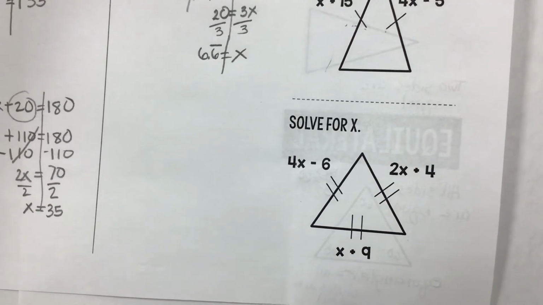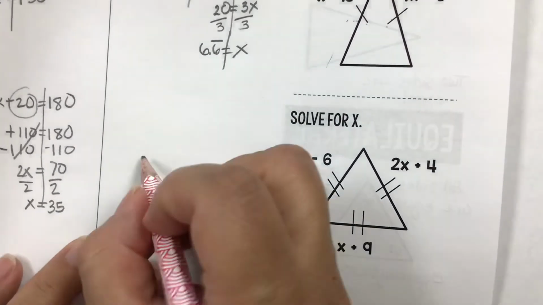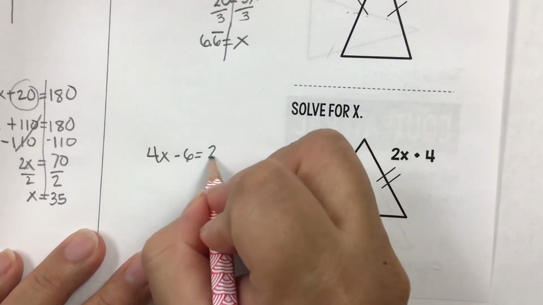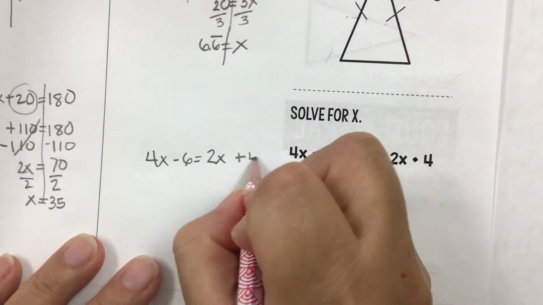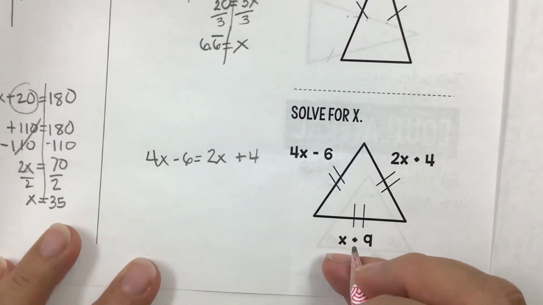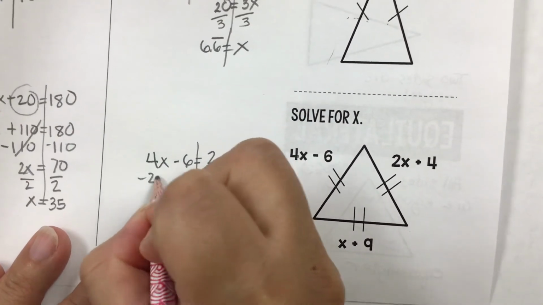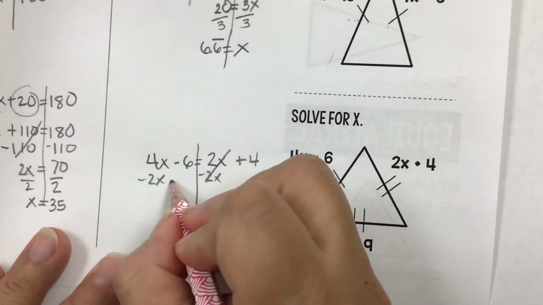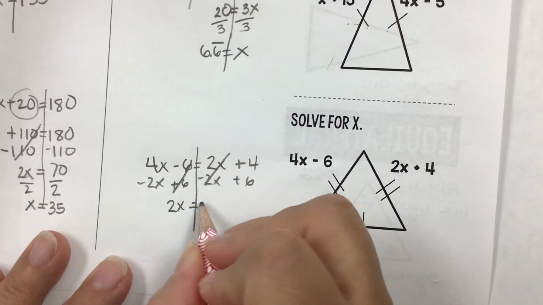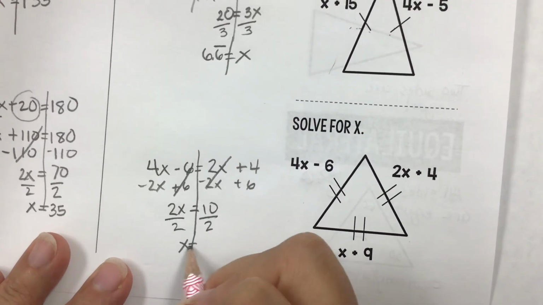For an equilateral triangle, sometimes they give us too much information. We know that we can set the two sides equal to each other, and you can set any two sides equal to each other. So kind of the third side is too much information. We're going to subtract 2x from both sides. I'm going to add 6 to both sides as well. I have 2x is equal to 10. Then I'm going to divide by 2. x is equal to 5.